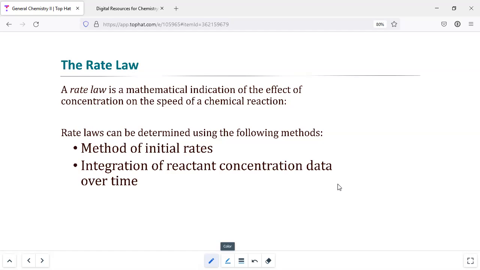We can also determine rate laws graphically. This is called the integrated rate method.